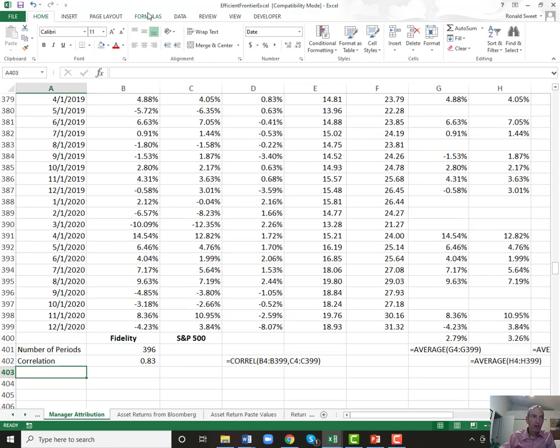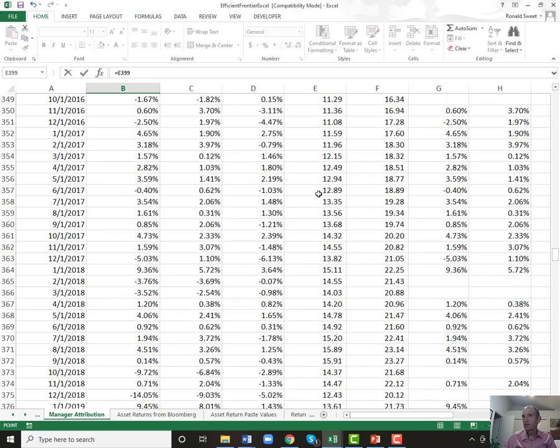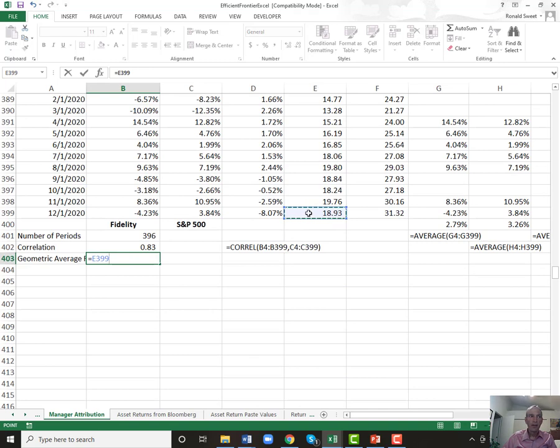The next thing we want to do is get the return. And for the return, we actually want the geometric average return, not the arithmetic. For the geometric average return, what we do is we take equal that 1893. Remember, the 1893 is the linked with $1, and we're going to raise that.